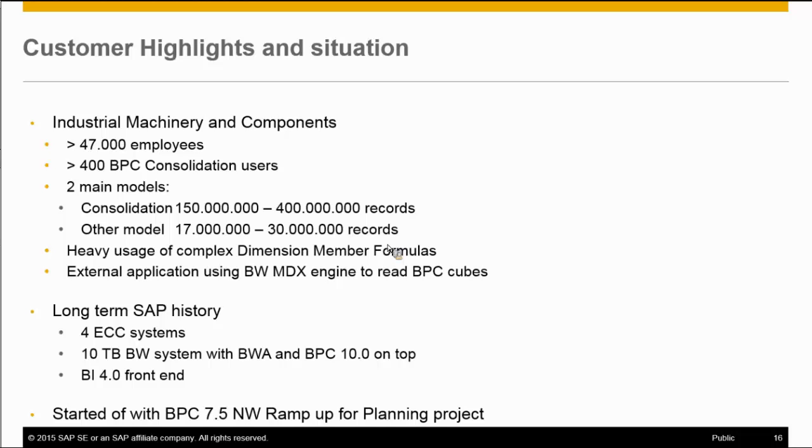This is because during every closing there are a lot of new records generated due to some consolidation specific, for example, currency translation adjustments in the past and things like that. There is a slide representing the complexity of the model later on. And then there is another important model which started off with about 17 million records and ended up with 30 million currently, and of course still increasing.